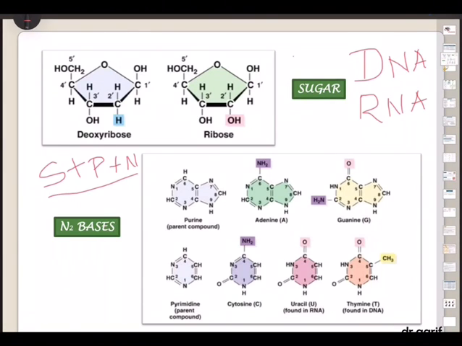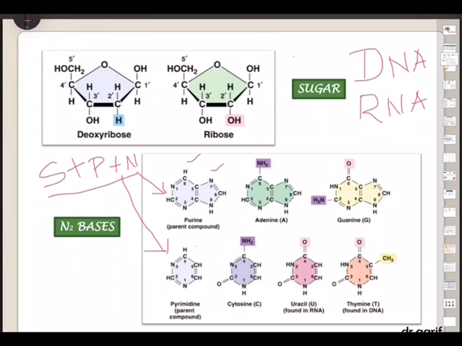Both DNA and RNA consist of one sugar molecule, one phosphate group, and nitrogen bases. So you can remember it as SPN. Both DNA and RNA are made up of three components: sugar molecule, phosphate group and nitrogenous bases.